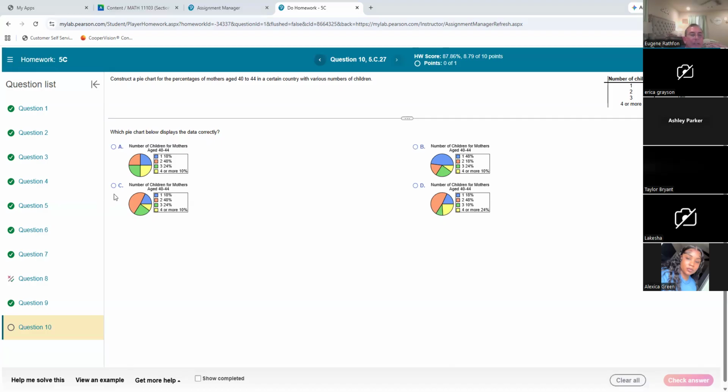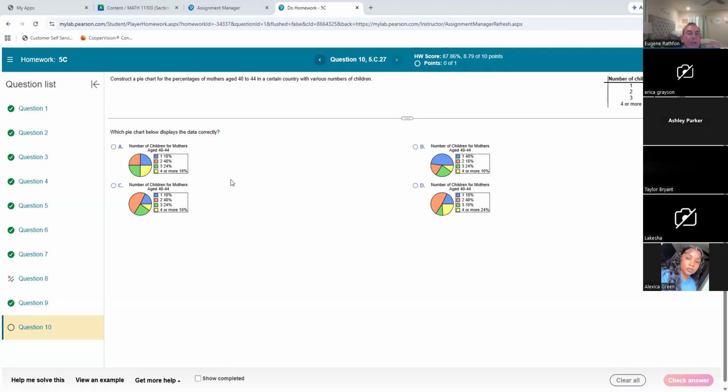All right, y'all, let's look at C and see what's wrong with it. So C has the orange 48% for two. And now remember, what we got to look at is over here, it's telling us that one should be 18%. Well, y'all, this one has 18% for one, that's blue, right?